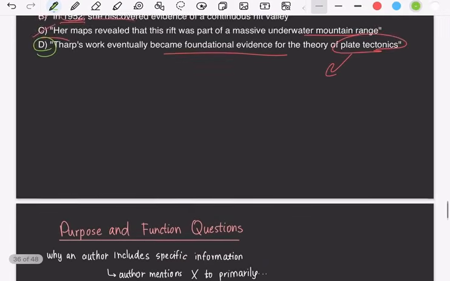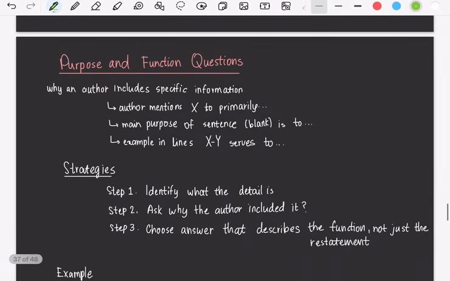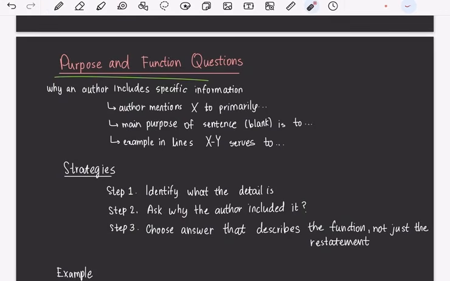So now that we're done with the passages, let's look at purpose and function questions. These questions ask why the author includes specific information.